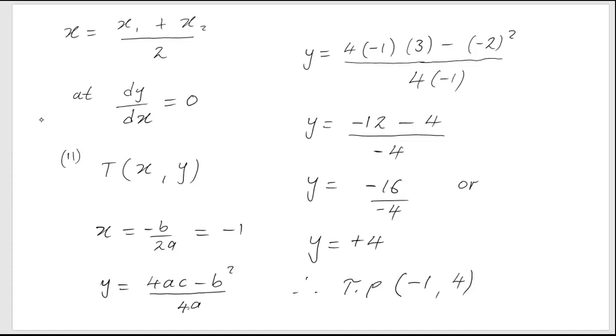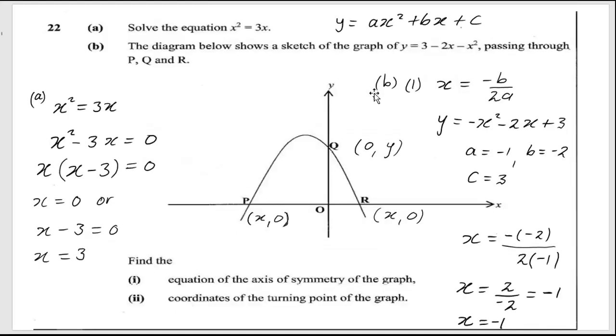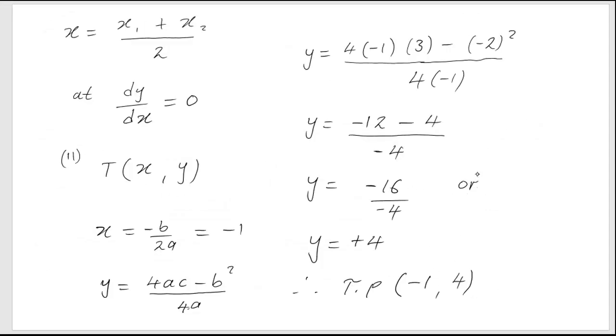The original equation is y is equal to 3 minus 2x minus x squared.